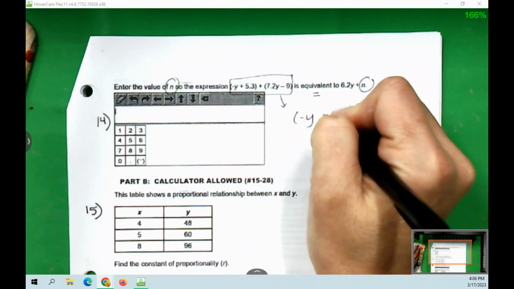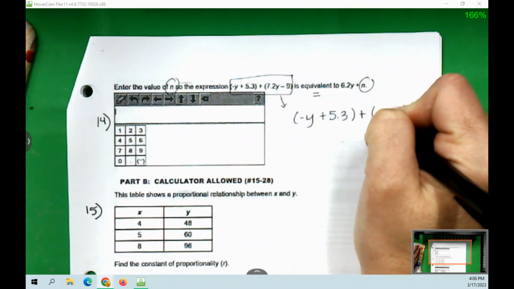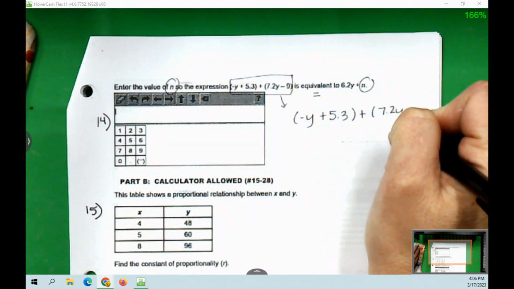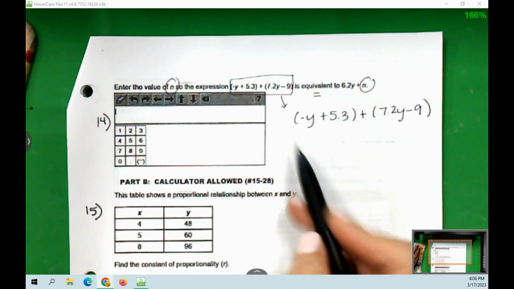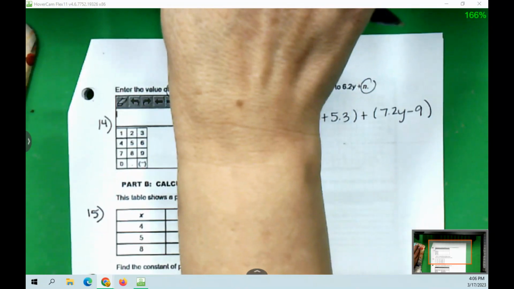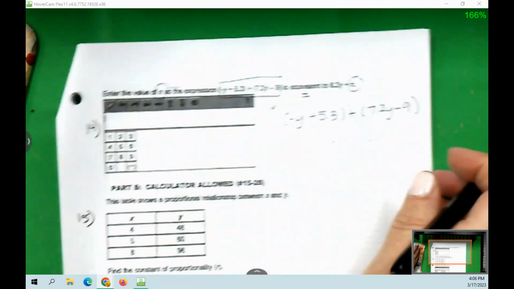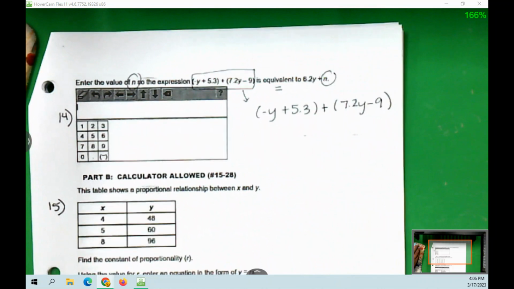I have the opposite of y plus 5.3 plus the quantity 7.2y minus 9. So we don't have any numbers in front of the parentheses. Okay, hopefully you can see that.